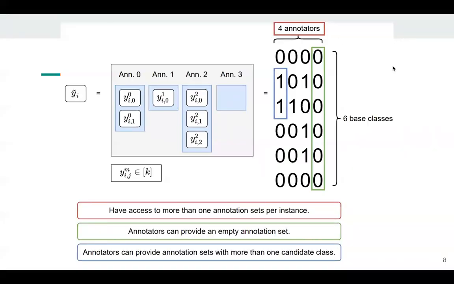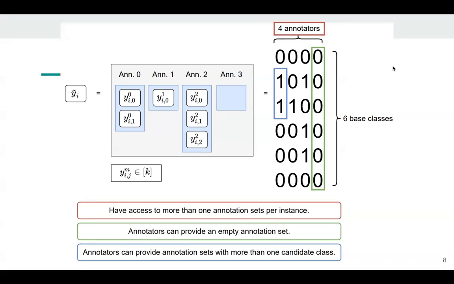On this slide, we see an example of an annotation for a single instance. Earlier, we described the true labels as vectors. Now, we describe them as matrices, since we allow for multiple annotators. The gray box in the middle on the slide and the matrix on the right are two different views of the annotation. We have 4 annotators, as illustrated by the 4 blue boxes inside the gray box, and hence a matrix with 4 columns.